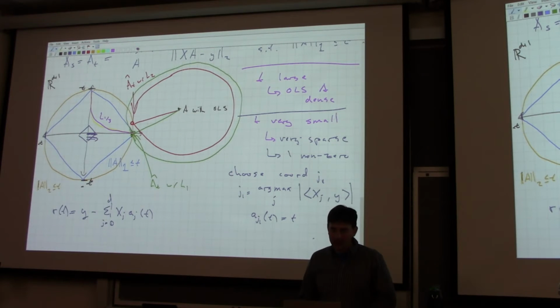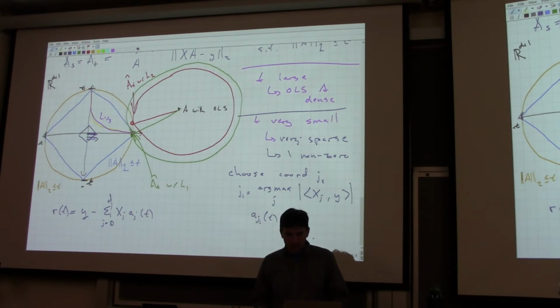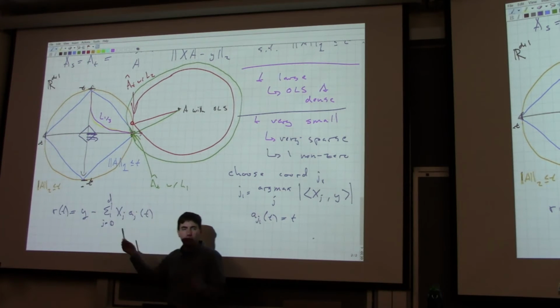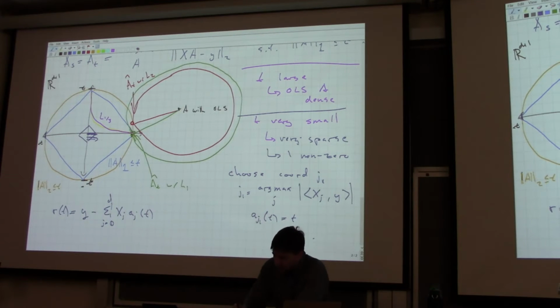Okay? And this is going to be a linear function of t up until some point, where we keep doing this until x_j1 dot r(t) is going to be equal to x_j2 dot r(t).